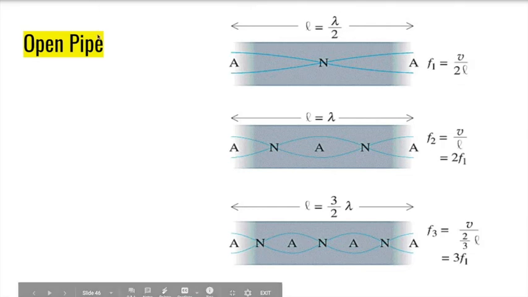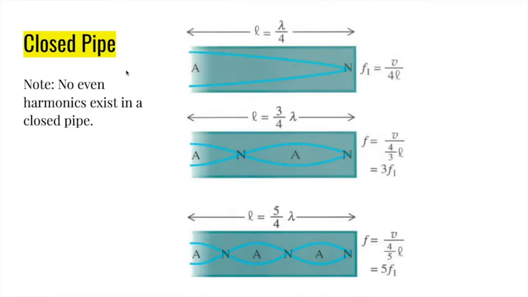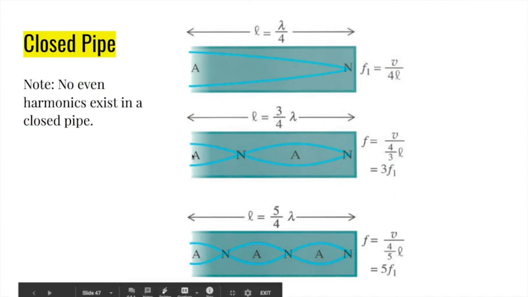So interesting, but different. With a closed pipe, this is actually kind of a hybrid between the two, because at one end we have a node, the closed end, and at the open end we have an antinode, the largest amplitude. So interestingly, with this one, we're always going to end up with what looks like half a wave, or an unfinished wave at the end of each of these.